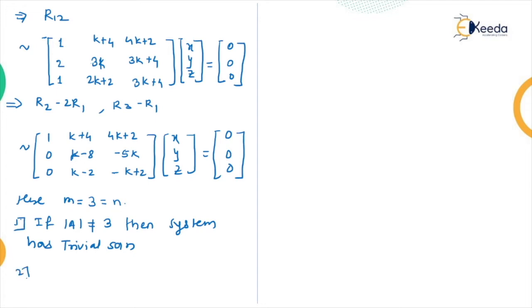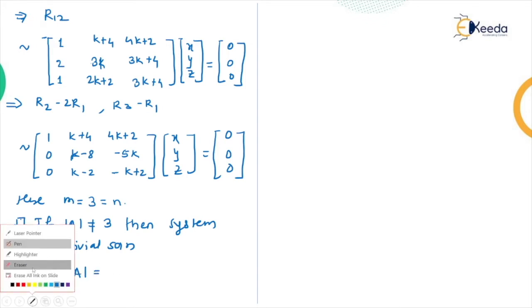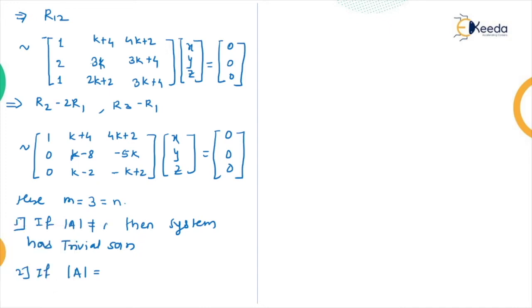And the number two condition we check is if the determinant of A is not equal to 0, then it has a trivial solution. That is which type of solution? That is x equal to y equal to z equal to 0. That means a trivial solution. And if the determinant of A is equal to 0, then the system has a non-trivial solution.